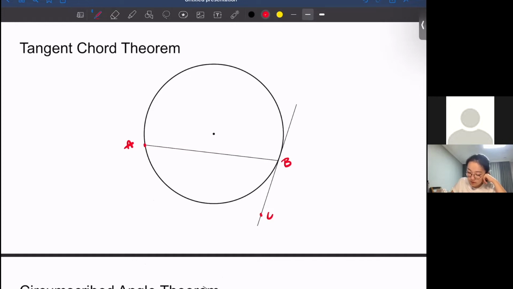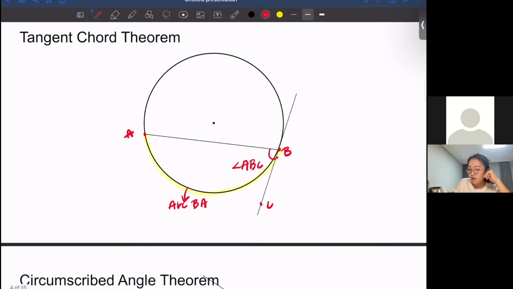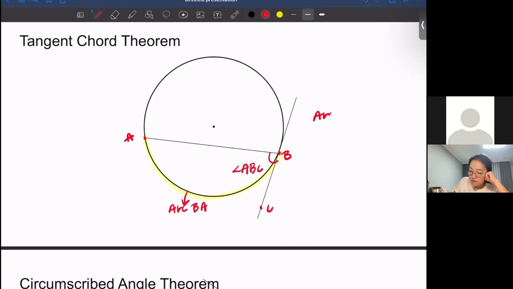We will call this arc BA. And this angle is angle ABC, right? Arc BA has twice the measure of angle ABC.